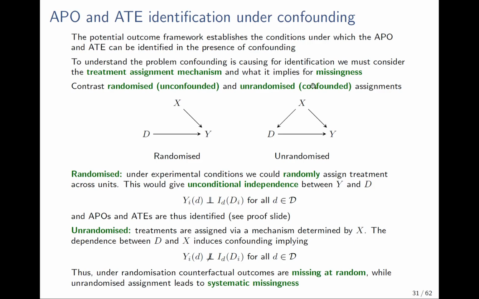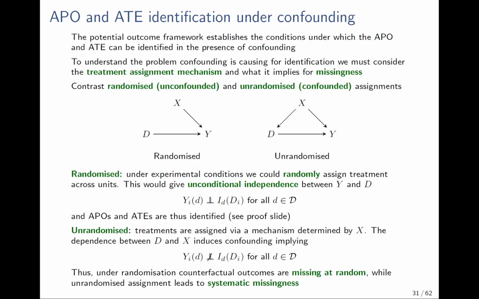So here we have two DAGs for the standard kind of causal setup with three elements to the data, that is y, d, and x. On the left hand side we have a randomized assignment represented, and on the right hand side we have an unrandomized assignment represented. And you can see straight away that this diagram here is confounded, and this one is, as we'll discuss, unconfounded.